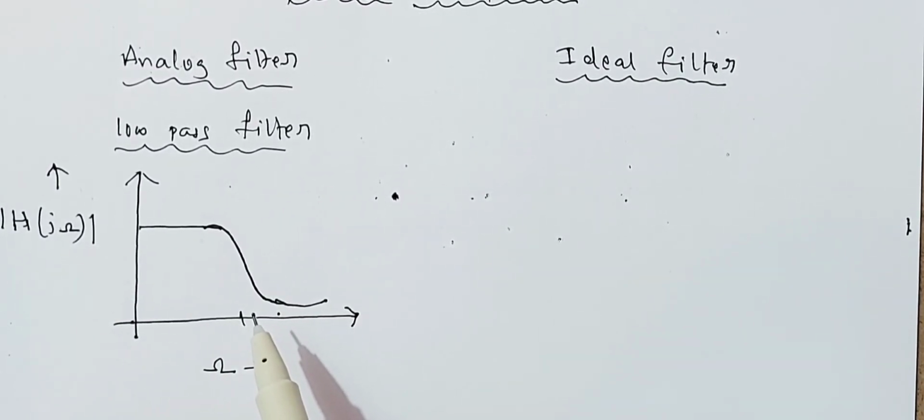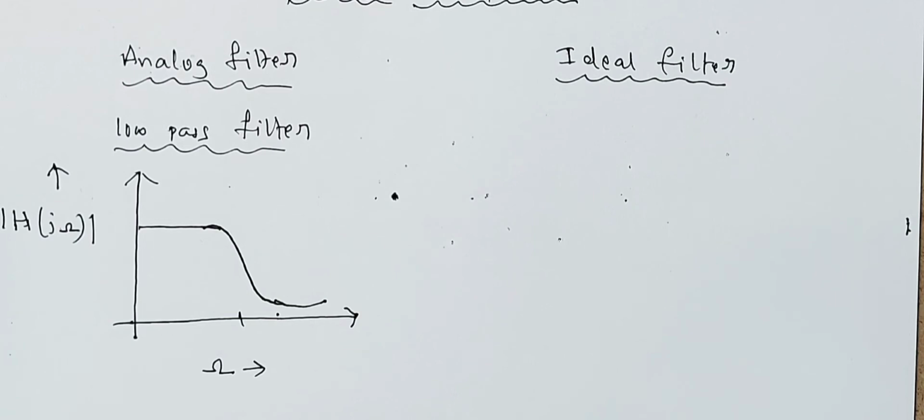Therefore, filters are classified depending upon the magnitude frequency response, the nature of the graph, and also depending upon the phase response, the angle response. And also the filters are classified depending upon the components we use.